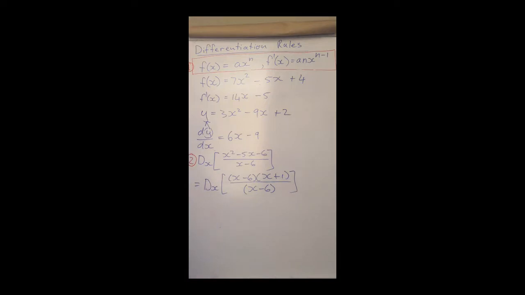Now we can simplify it quite nicely because x minus 6 and x minus 6 cancel out. So I only have x plus 1. Differentiate towards x of the expression x plus 1.